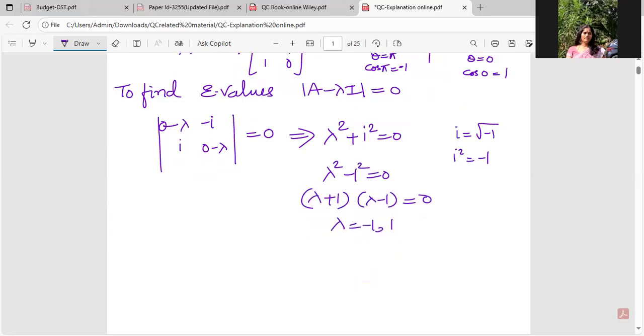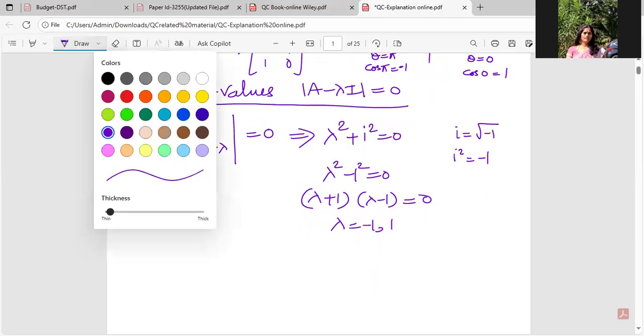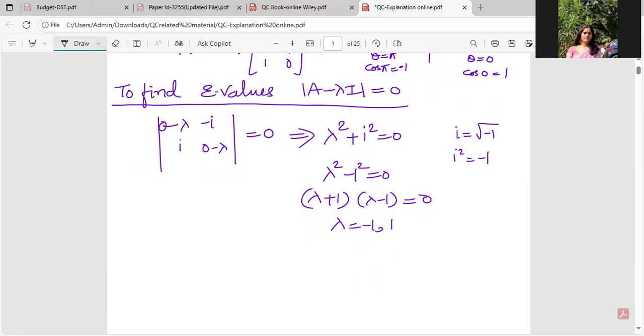Now, let's find the eigenvectors for lambda is equal to 1 for the Pauli Y gate, using the eigenvalues. For lambda is equal to 1, let ket xi be the eigenvector.